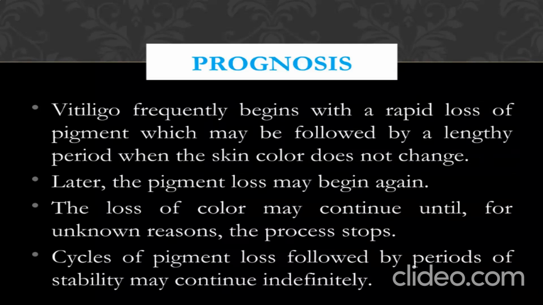The loss of color may continue until, for unknown reasons, the process stops by its own. Cycles of pigment loss followed by periods of stability may continue indefinitely. So we cannot say vitiligo is completely curable because the pigment loss may begin again.